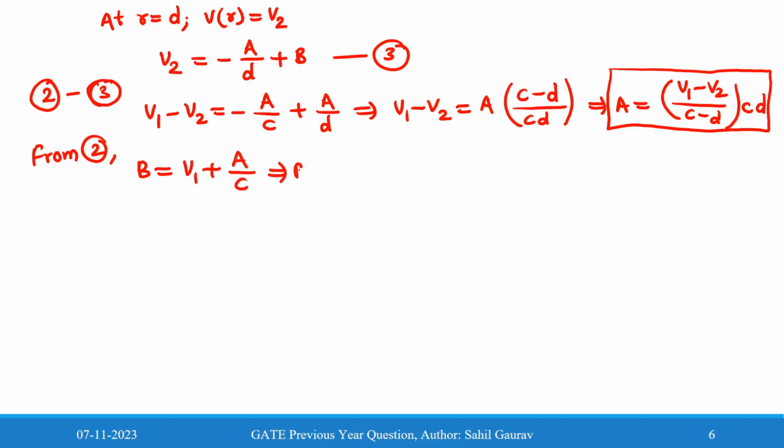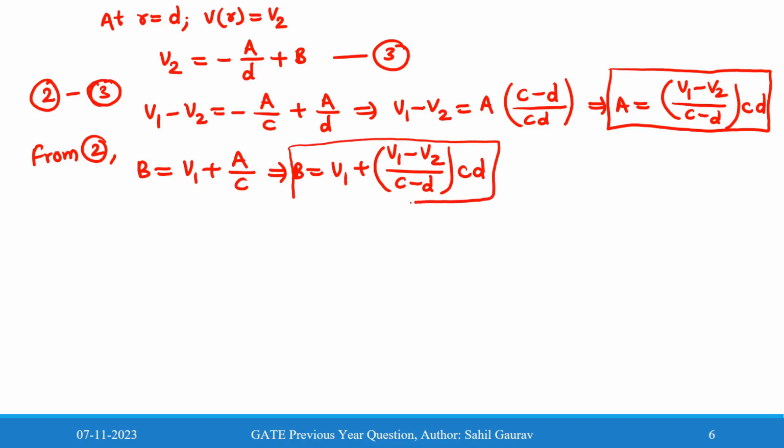So B becomes V1 plus (V1 minus V2) cd divided by (c minus d) times 1 over c. So we got B. Now putting both these constant terms A and B in the generalized expression for electric potential, that is the first expression.